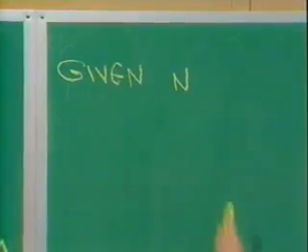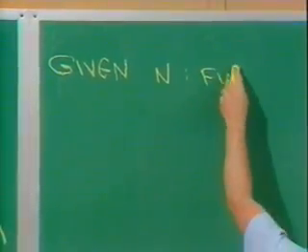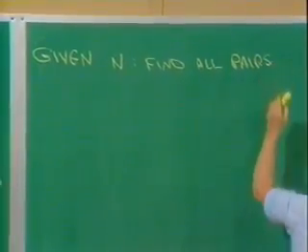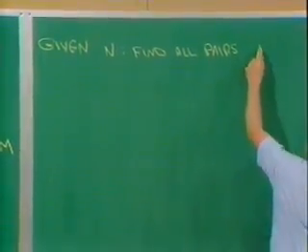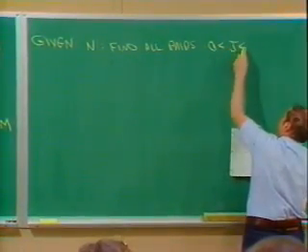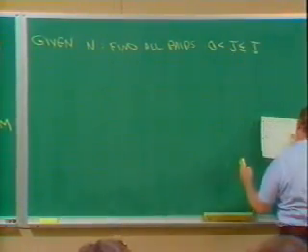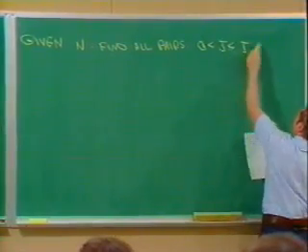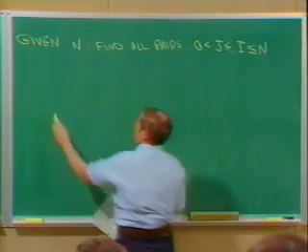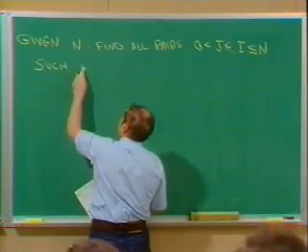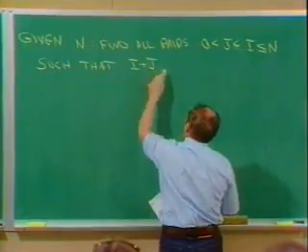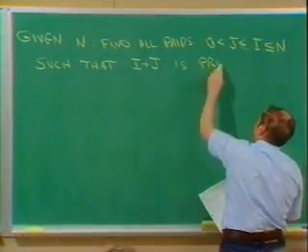The problem is to find all pairs of integers i and j between 0 and n, with j less than i, such that i plus j is prime.